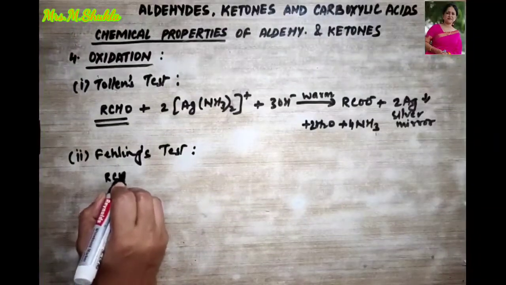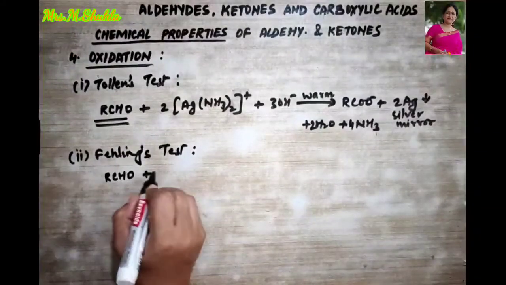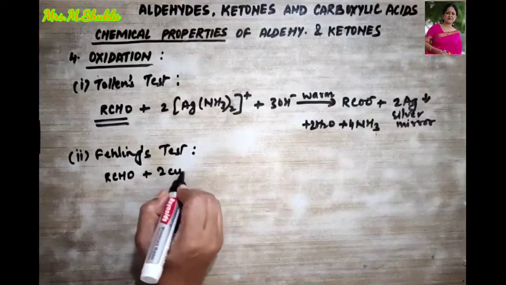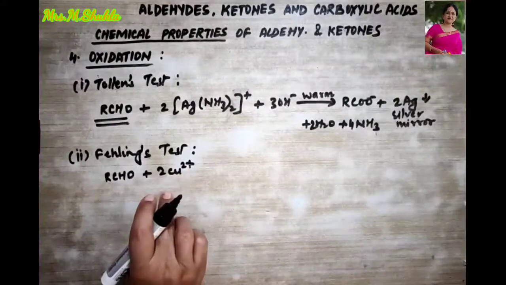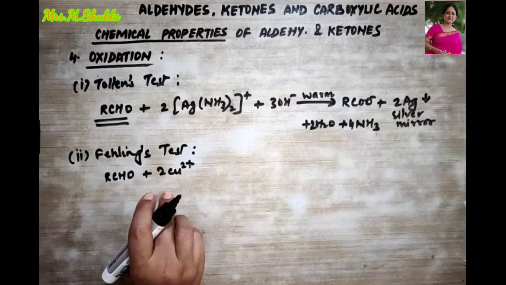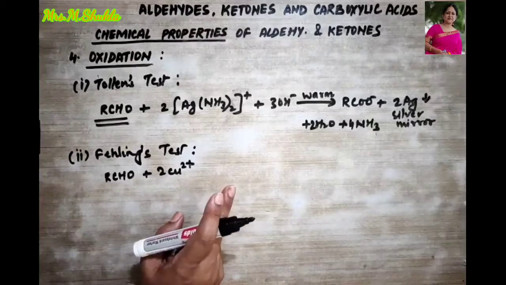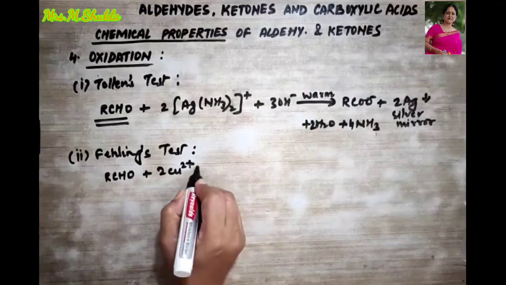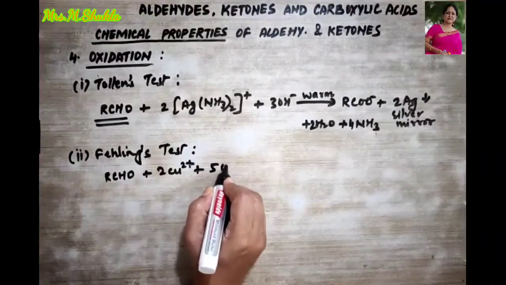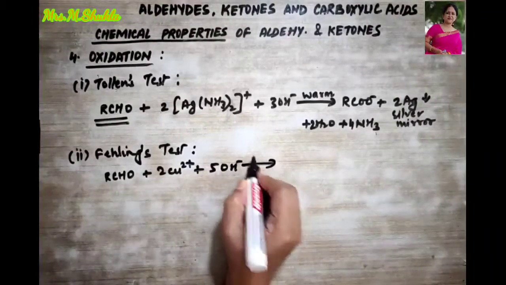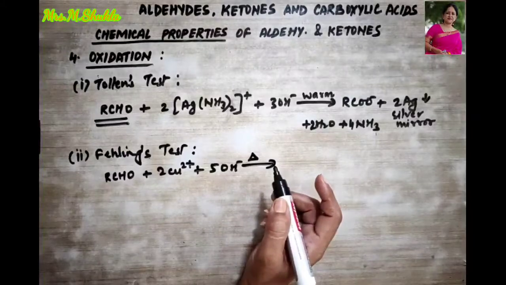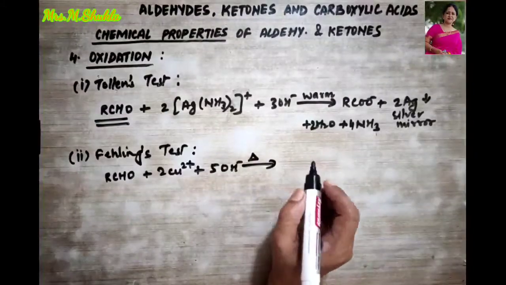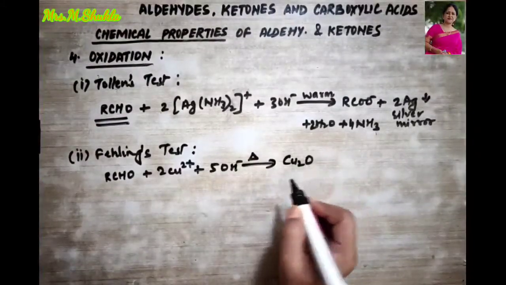So let's see: the aldehyde reacts with the first solution of copper sulfate and the second solution, the B solution of alkaline sodium potassium tartrate, and when it is heated, it gives us the reddish brown precipitate of Cu2O.